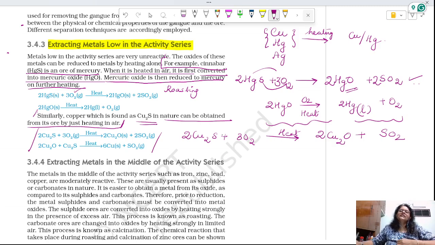Now the first step may contain this whole mixture, as if in one big bowl, and then these are heated with excess of air.